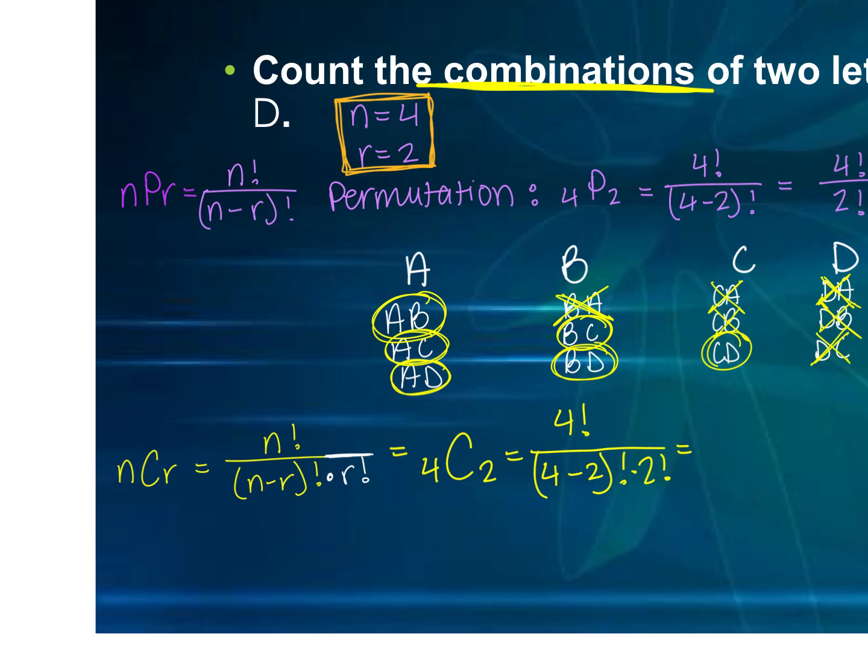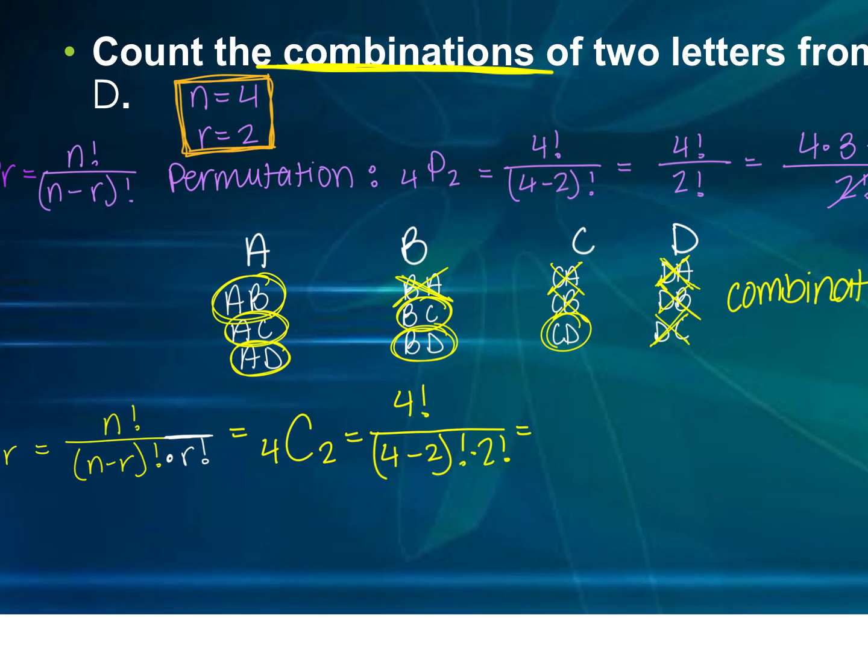All right, looking at it now, solving this, I'm going to have 4 factorial over 2 factorial times 2 factorial. Please, most important thing for this, do not multiply these, okay? Do not multiply. Please do not multiply those. Do not forget that.